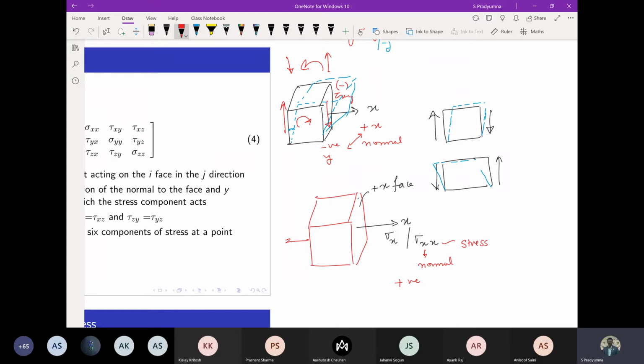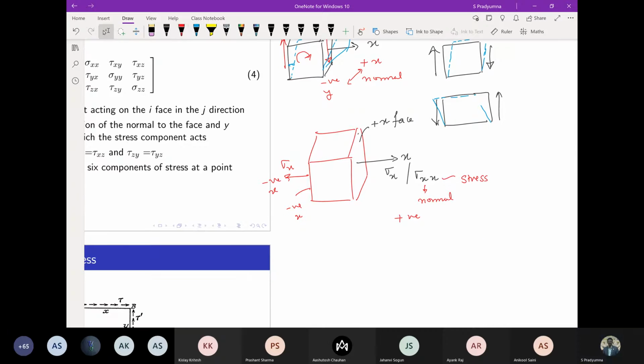So on this side, what happens? This is the direction of sigma x or sigma xx. This is the negative x face, and the direction of the stress is along the minus x direction. Minus minus combination. This is also a positive normal stress. But if I reverse this, for example, I consider this direction like this. This is actually positive y direction. This is positive y.